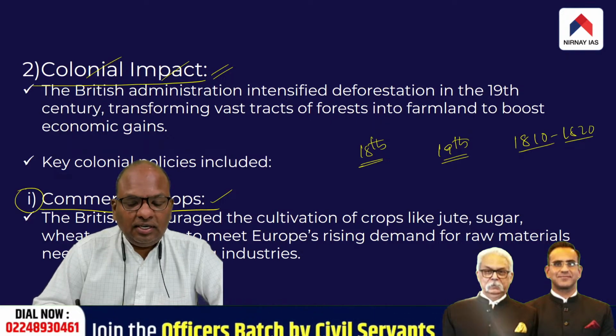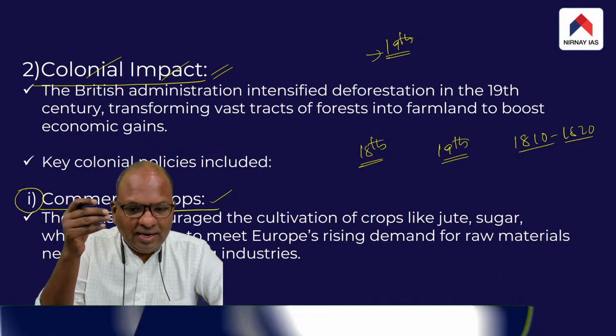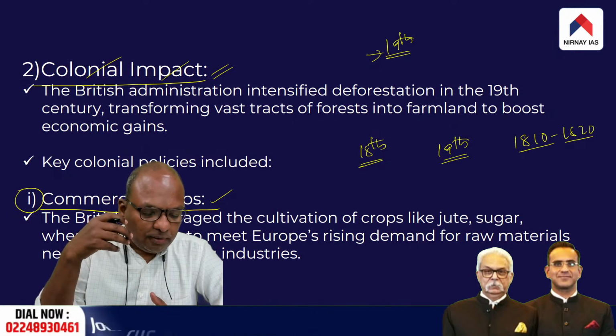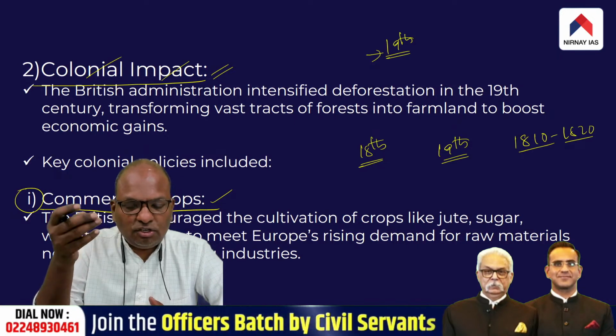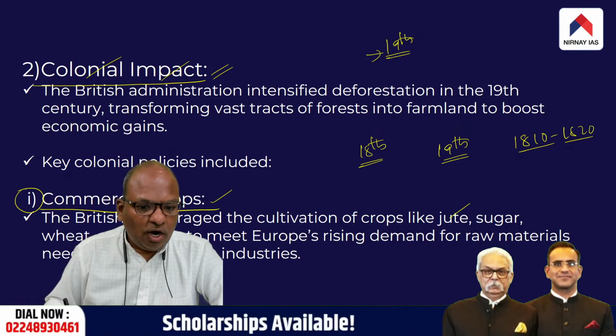And by the 19th century, the industrialization process had already begun in England, and there was a lot of demand in the industries of England for various products like jute, cotton, etc.